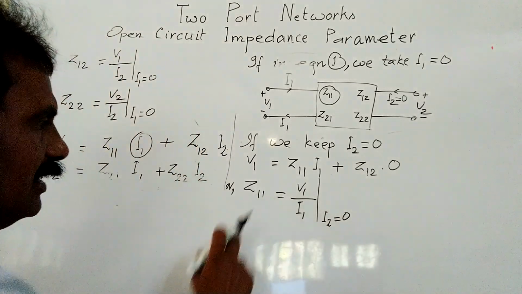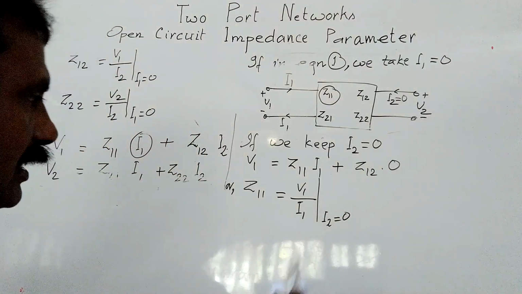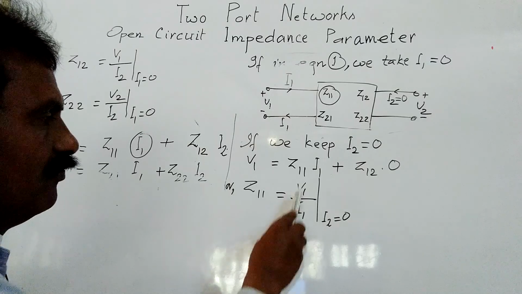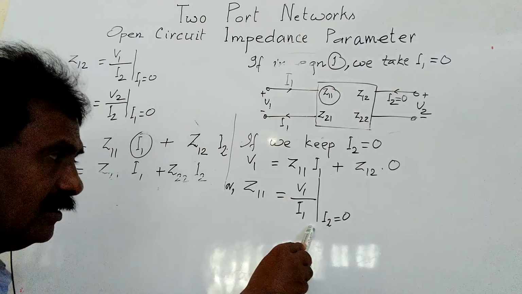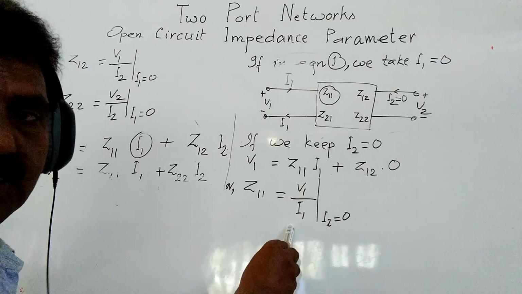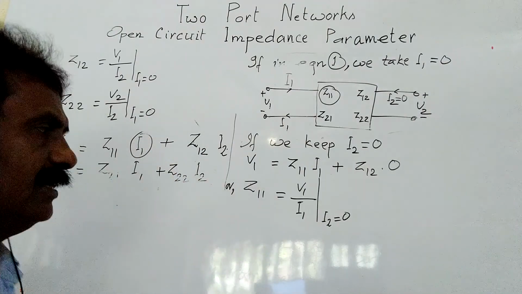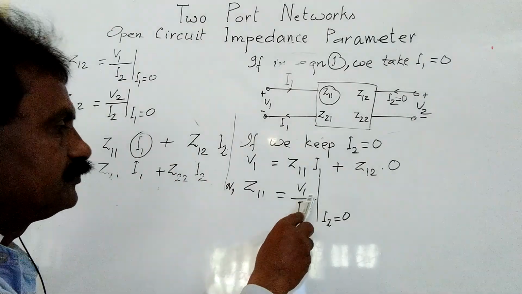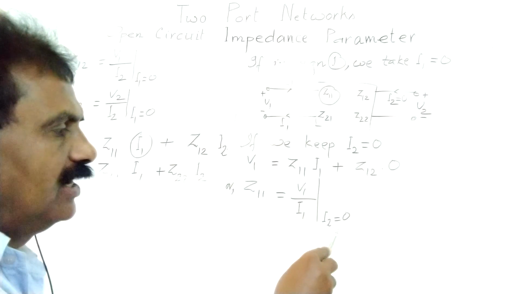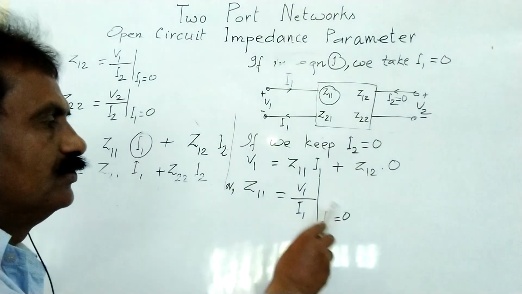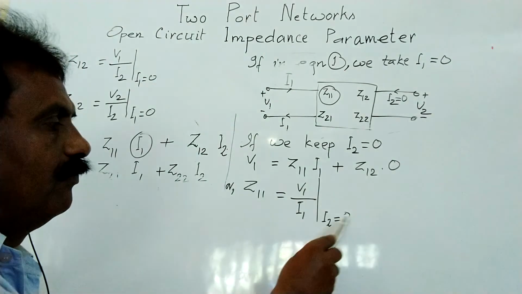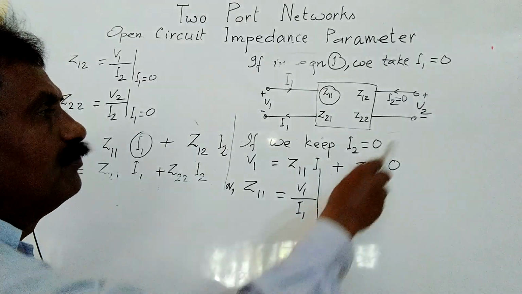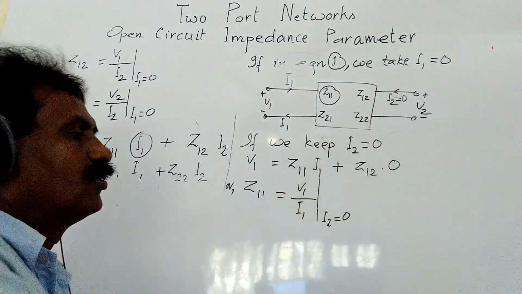Then let us see here again. This is the ratio of voltage and current, again an impedance parameter, and now what have we taken? I2 to be 0, which means we have open circuited the output.